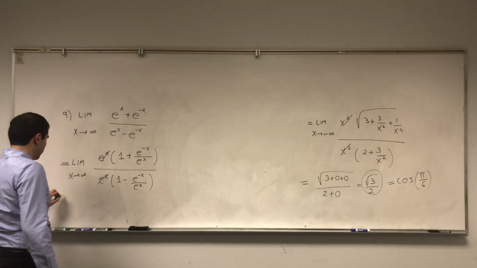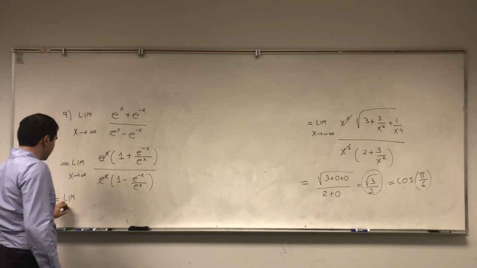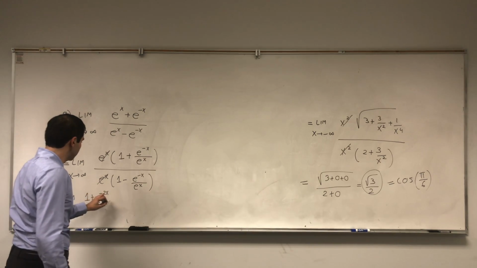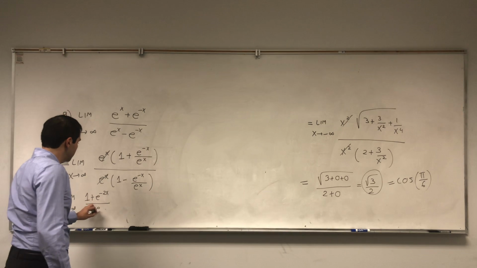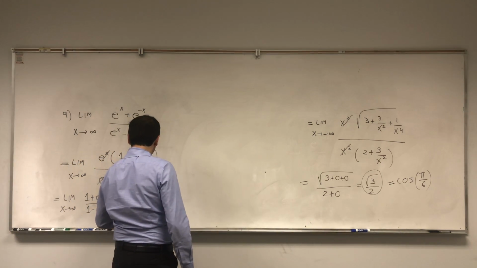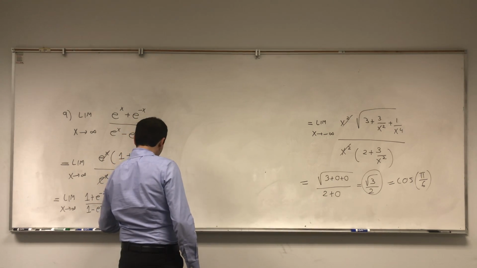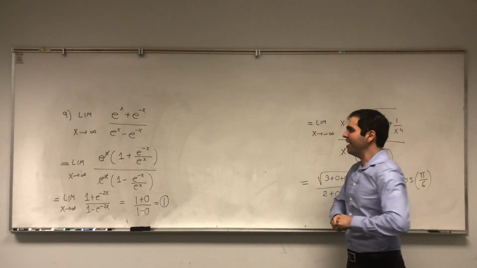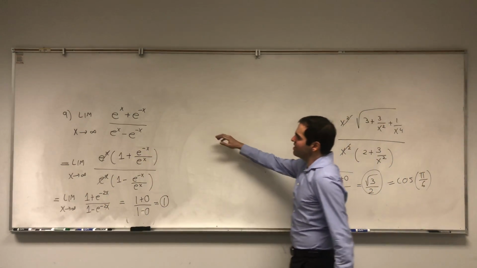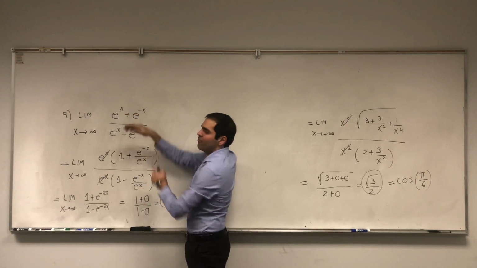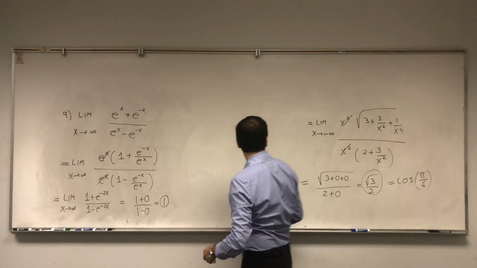This cancels out, and you're left with the limit as x goes to infinity of 1 plus e to the minus 2x over 1 minus e to the minus 2x. And that becomes 1 plus 0 over 1 minus 0, which is 1. Again, none of that limit. What is happening? This term just goes to 0, and then what's left is just e to the x over e to the x.